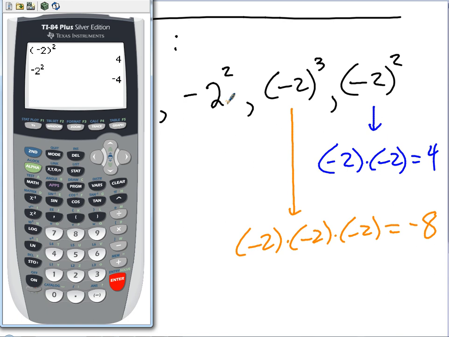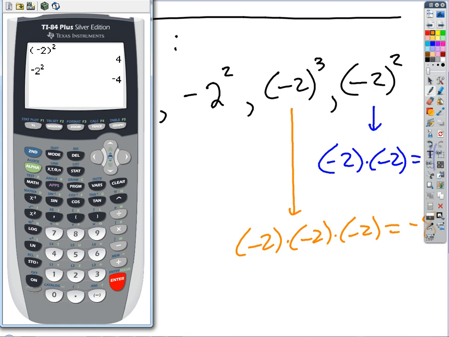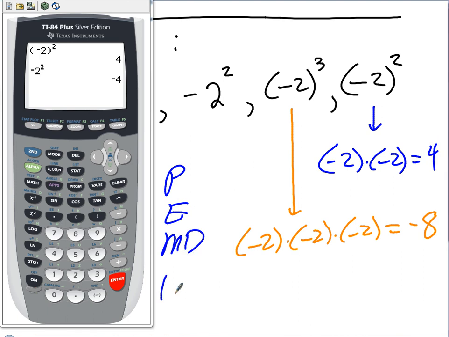If I follow order of operations, watch what happens. Okay, we know that exponentiation, if we're taking exponents, comes before multiplication, right? And so when I see an issue like this guy up here, if I follow order of operations strictly, I have to square the 2 before I multiply by the -1.